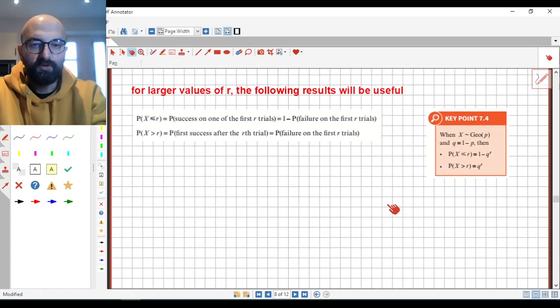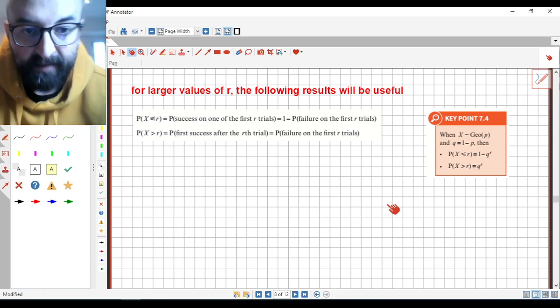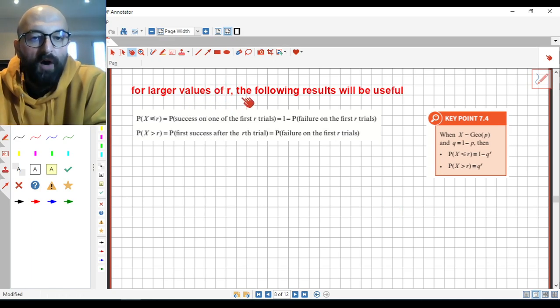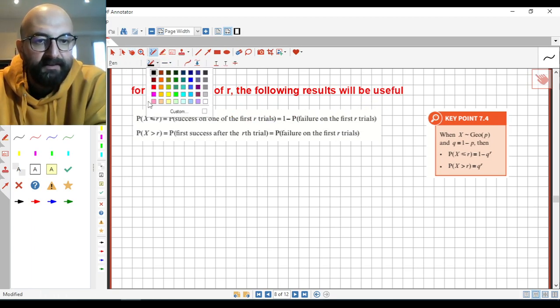Okay, and we can talk about something in the geometric distribution differently. For larger values of r, the following results will be useful. Please think on that.